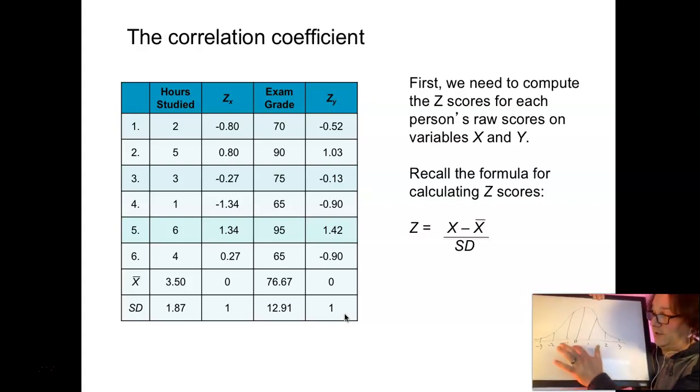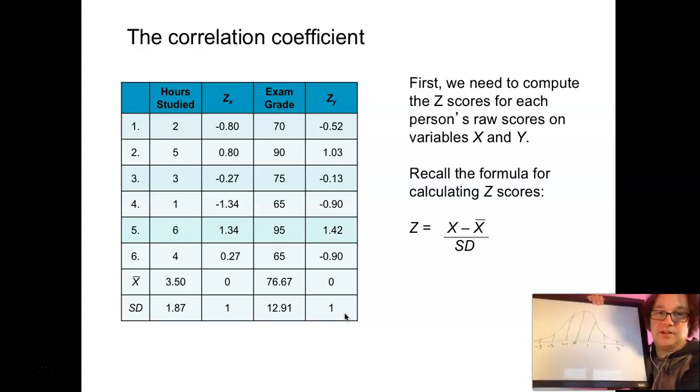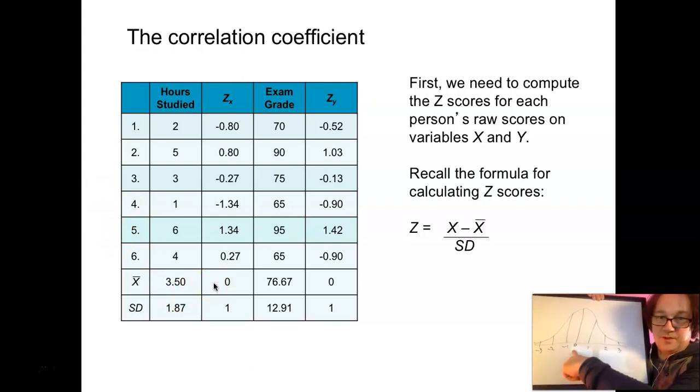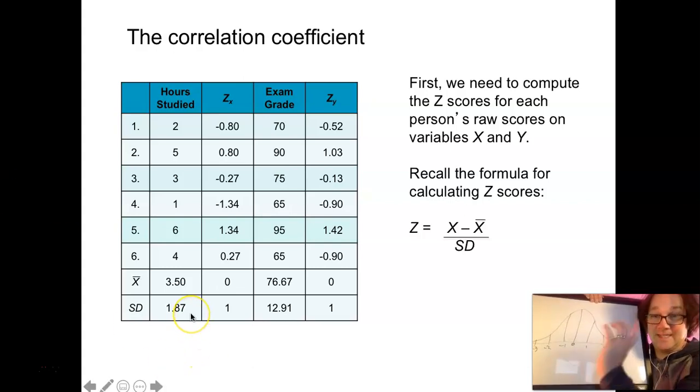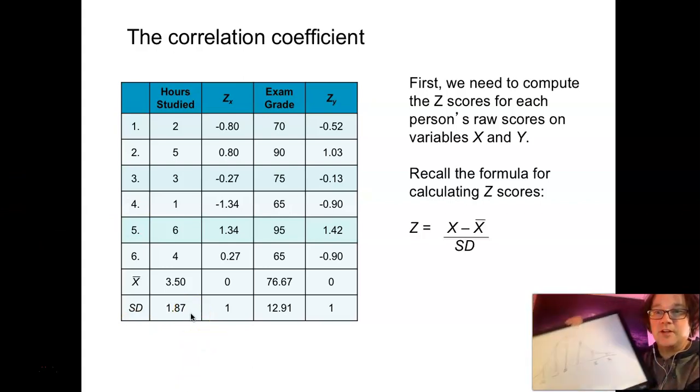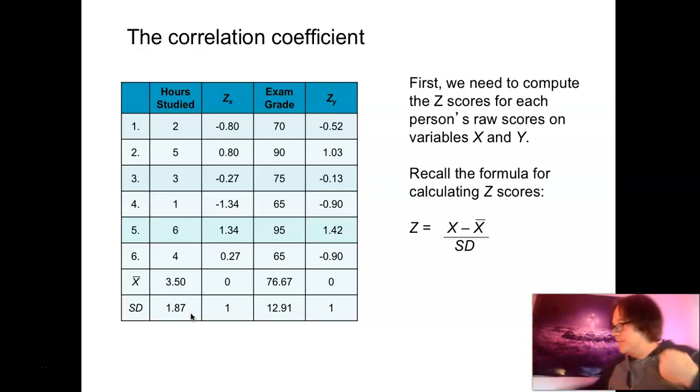The raw scores associated with these values change, right? So if you take a look at hours studied, the mean is 3.5 right there. When we standardize it, it's 0, but the raw score equivalent would be 3.5, and each of these standard deviations would increase by 1.87 on the raw score scale. But once you standardize them, they're just 1.